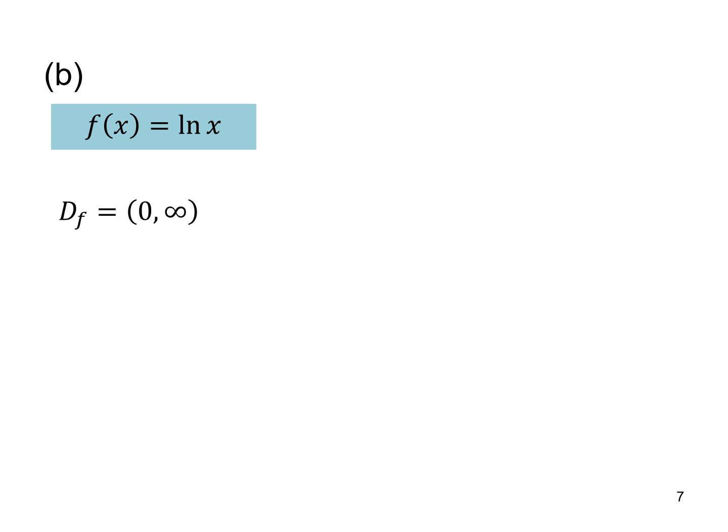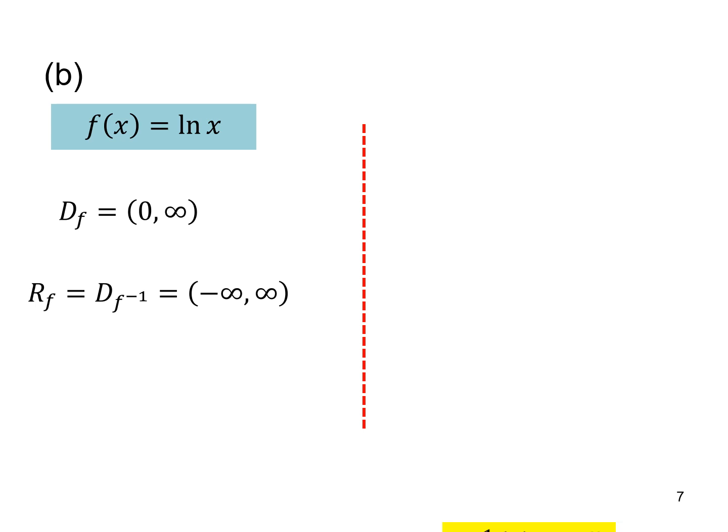Okay, we have f(x) equals ln x. We know that the domain is x greater than 0, so you get 0 to infinity, and the range for a log function is always real. And then the range of f equals the domain of f inverse, which is negative infinity to infinity. And then look at f inverse x equals e^x.